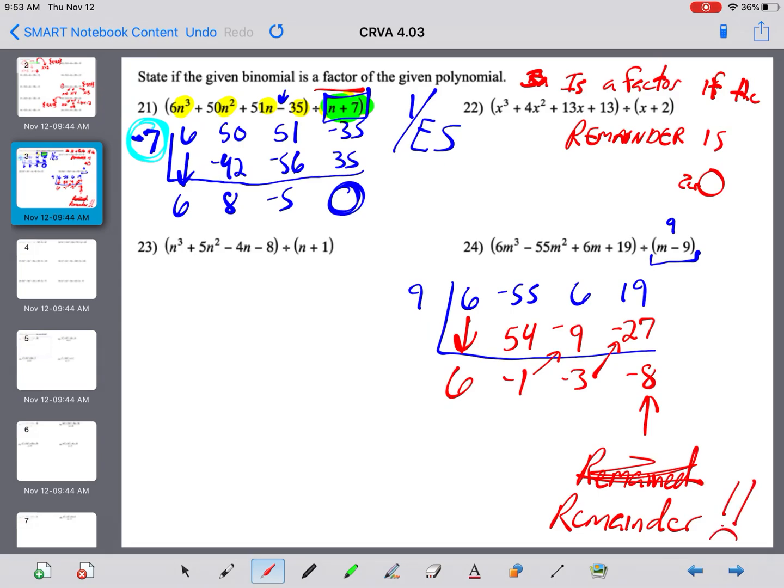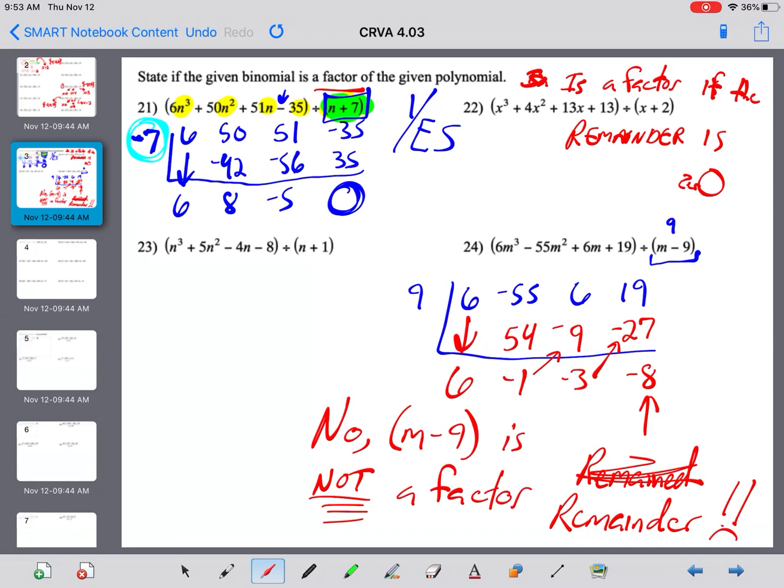Wah, wah. So, no, x minus 9 is not a factor. Remember up above, we got a 0 out. So then our answer is yes, x plus 7 is a factor. Yay.